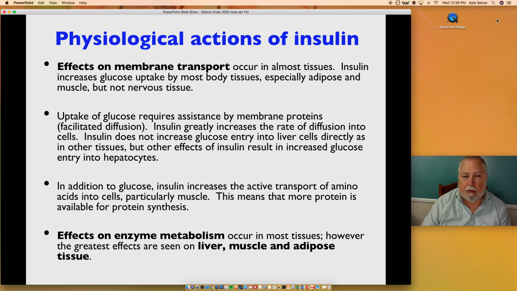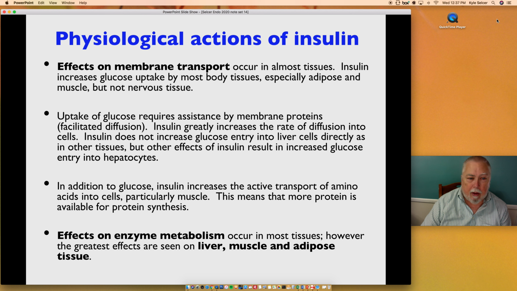It does not increase glucose entry into liver cells as directly as other tissues because liver cells already have a lot of glucose transporters. It increases it some, but not as much as other tissues. But muscle and adipose tissue, insulin greatly increases glucose.